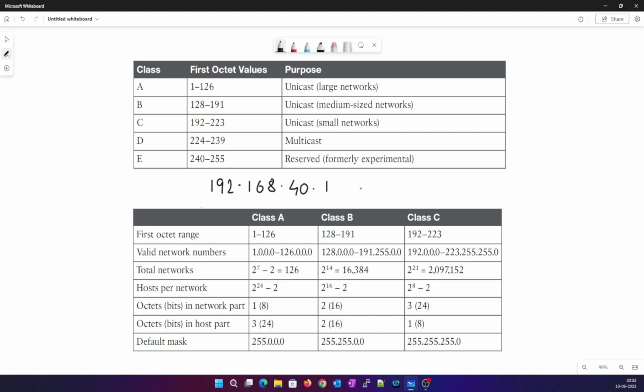Usually it is written in dotted decimal format, like 255.255.255.0, or in a slash format, like slash 8, slash 16, slash 24, or slash 9, slash 17, slash 25, etc. All these formats are human readable, but any programming device like a computer, router, or switch cannot understand this human readable format.